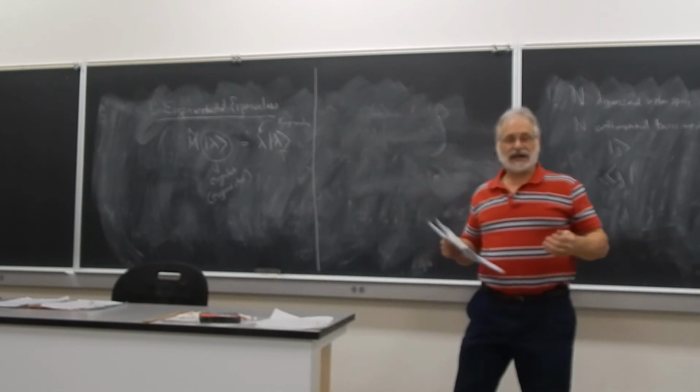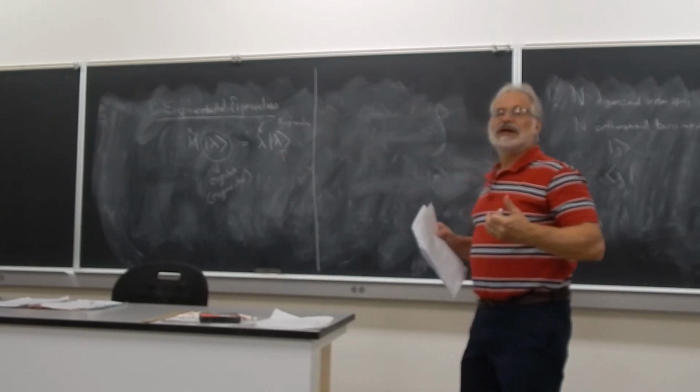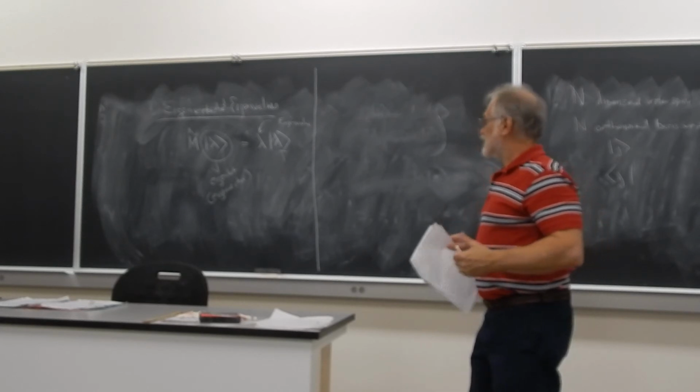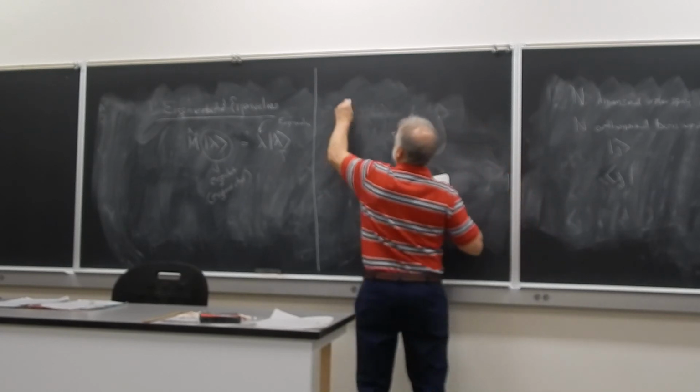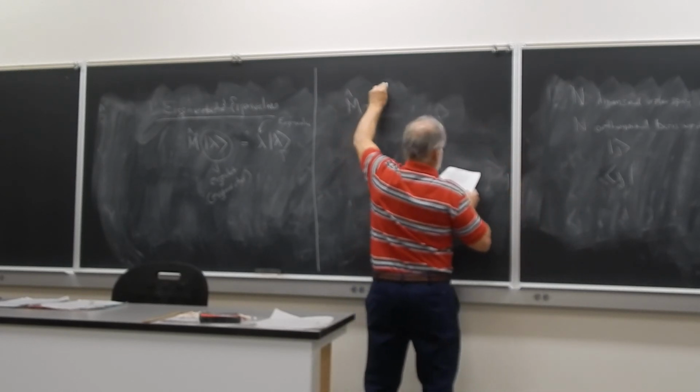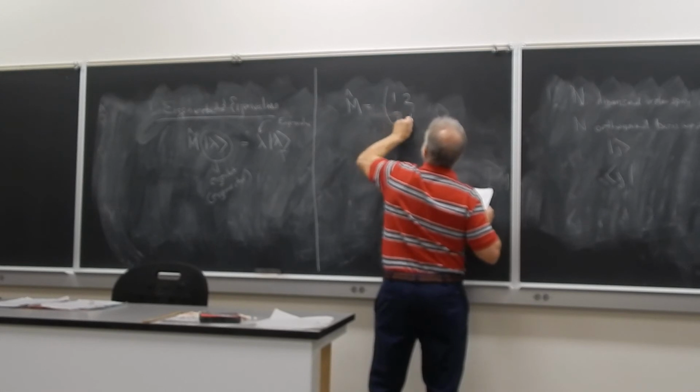It's an operator that operates on a special kind of ket that results in that same ket multiplied by a constant. Good example of that, suppose operator M is [1, 2; 2, 1].